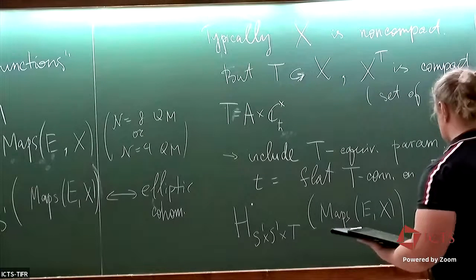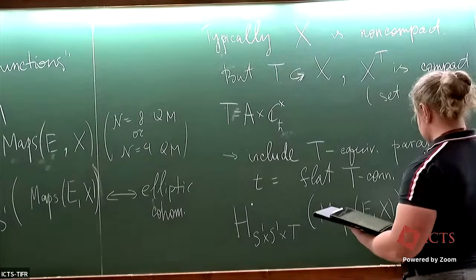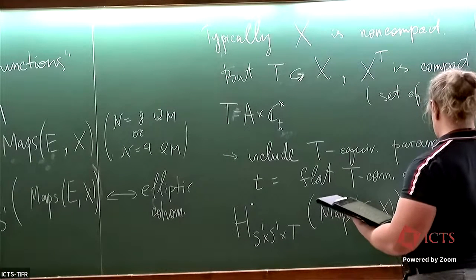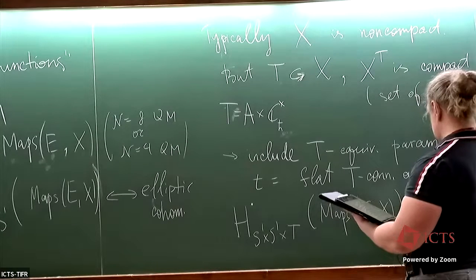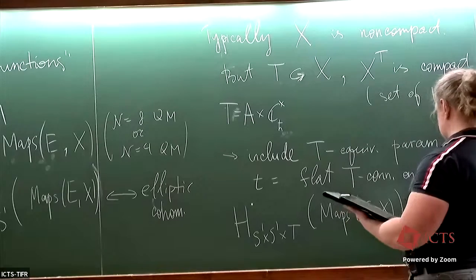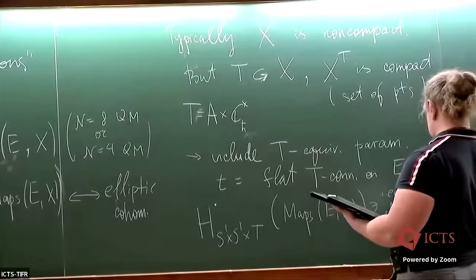And you can think of elements of this space as equivariant elliptic cohomology classes of X.